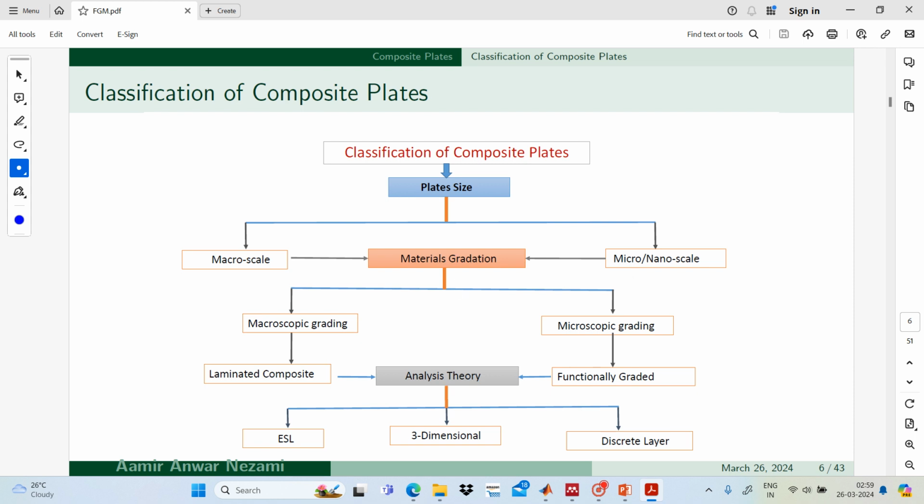Then both of these have material gradation. Further classification of both micro scale and macro scale is done with the material gradation. This material gradation shows that it may be macroscopic grading or microscopic grading. So what does this mean? Let's see.